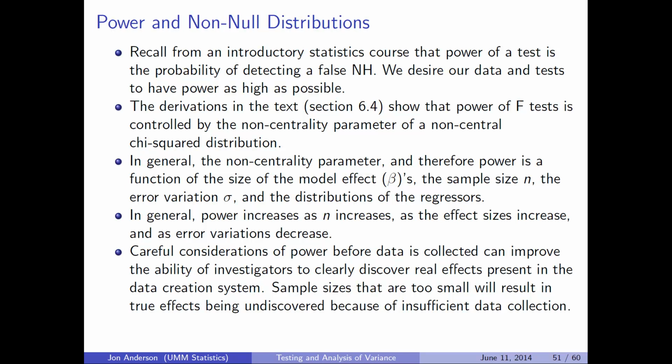We are able to correctly determine that null hypotheses are false when, of course, they are false. So we want this probability of being able to make a good decision to be quite high. We want this power to be as big as possible. And this little section in the book, section 6.4, talks about this probability of F-tests to make correct decisions.